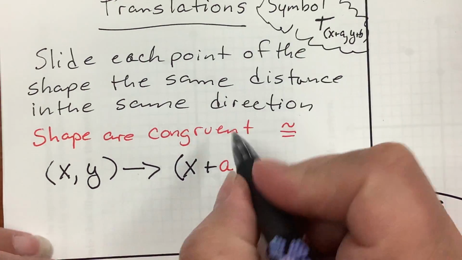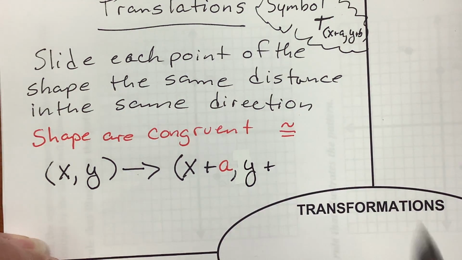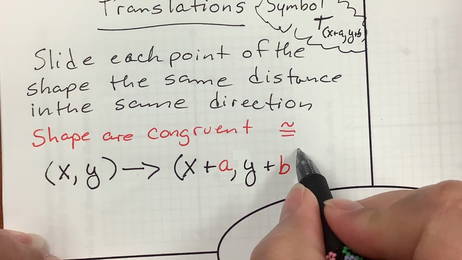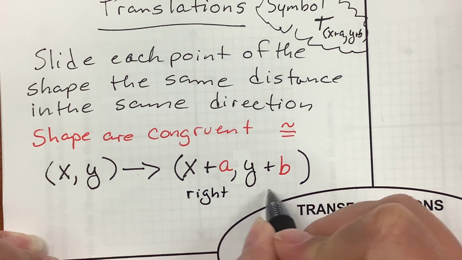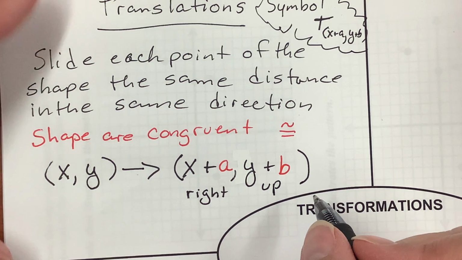X plus A, comma, Y plus B. In this case, it would go right and up. So it would go right A and then up.